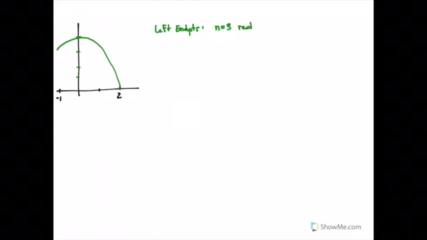That's the number of rectangles. Our 3 endpoints are going to correspond to the -1, the 0, and the 1. We can think about drawing the rectangles at those 3 points.